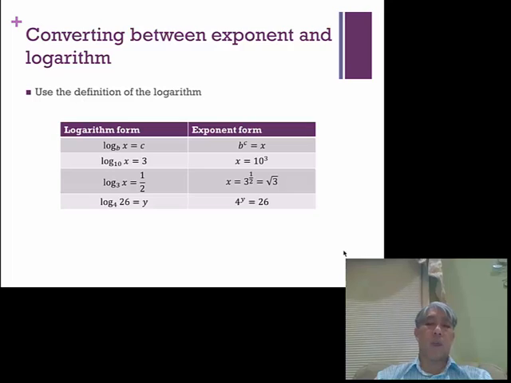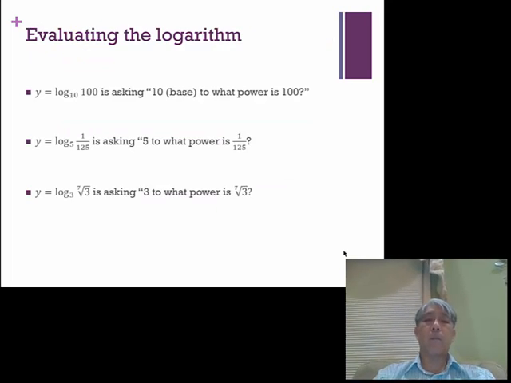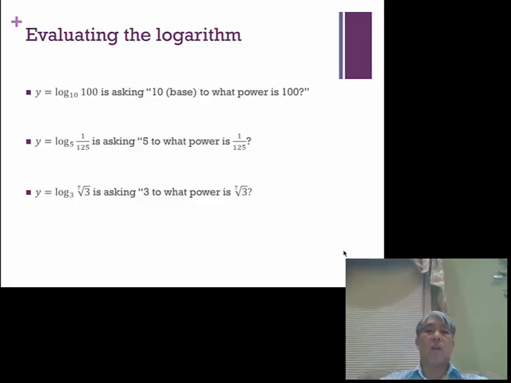So in this case x is equal to 3 to the 1/2, or basically the square root of 3. These are just ways I can convert between the logarithmic form and the exponential form. In chapter 3.4, we'll look at a different way of doing this that may make a little more sense.